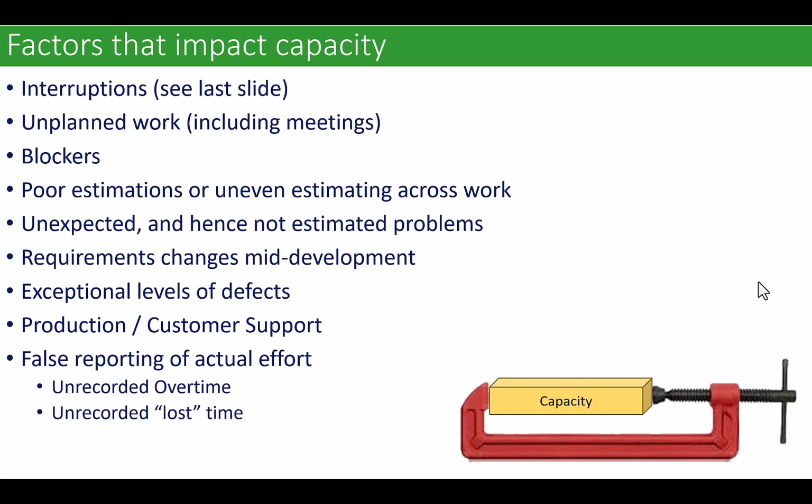False reporting of actual effort. And never attribute to malice what is explained by laziness or stupidity. Hanlon's razor. Unrecorded overtime and unrecorded lost time is a bad thing, right? Because people went into the planning interval, the sprint, whatever, with a certain expectation of team capacity.